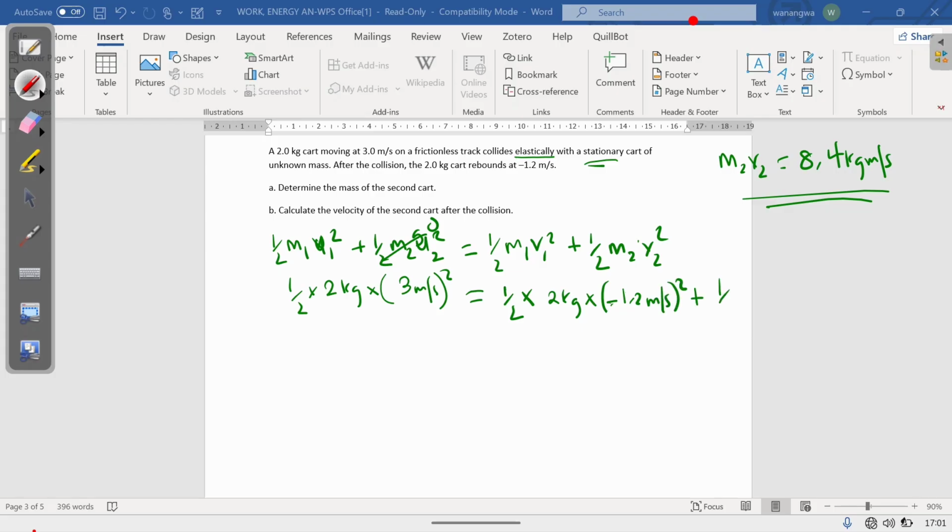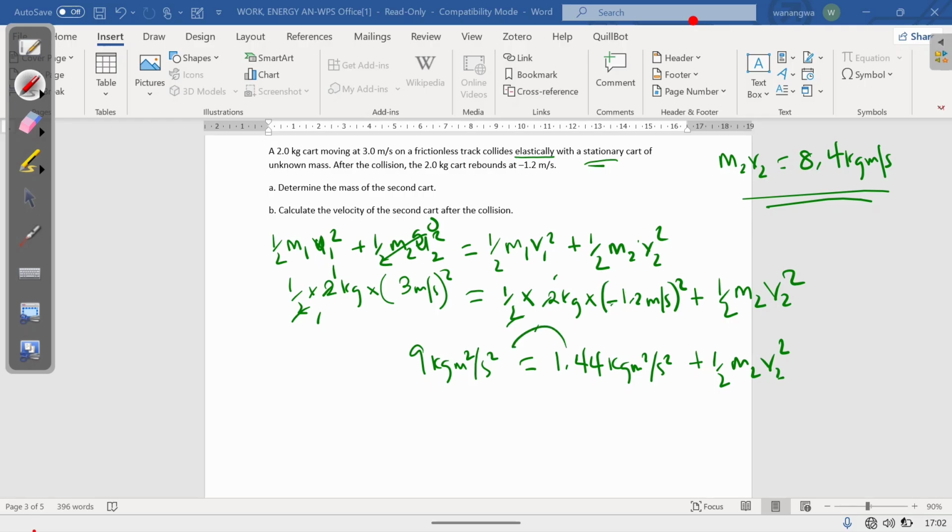Then here plus half m2 v2 squared. We don't know that part. All right, so this into that one, same thing there. And then here it will be 9 kg meter squared per second squared equals, then there 1.2 to the power 2, that gives us 1.44 kg meter squared per second squared plus half m2 v2 squared.